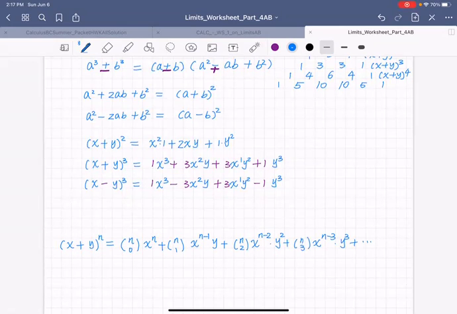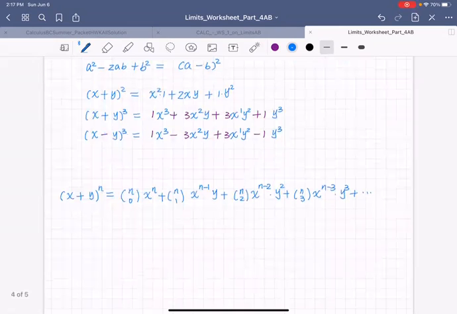So I still ask you to know this binomial formula, okay? This is choose 0 out of n. How many ways? One way. Choose 1 out of n. How many ways? n ways. Okay, these are the combinations.